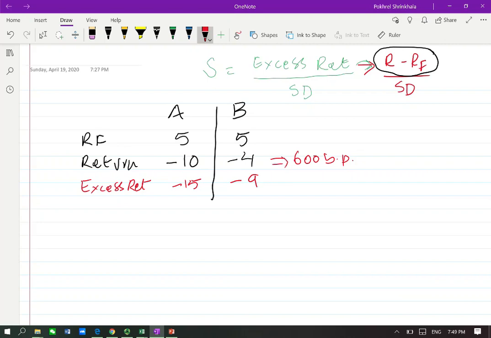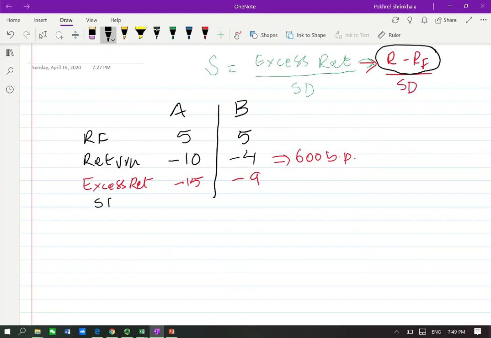Okay, now let's say that the volatility given by standard deviation is, for fund A, let's say it's 5, and for fund B it will be 3.